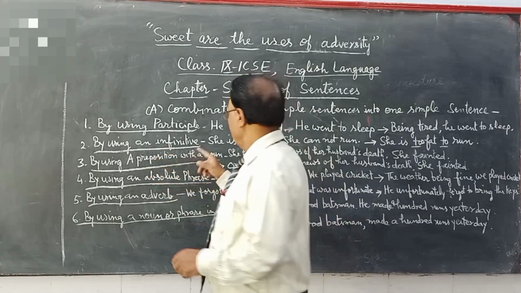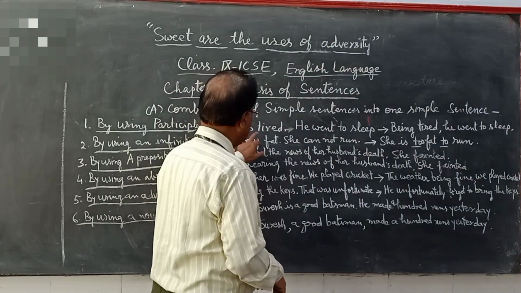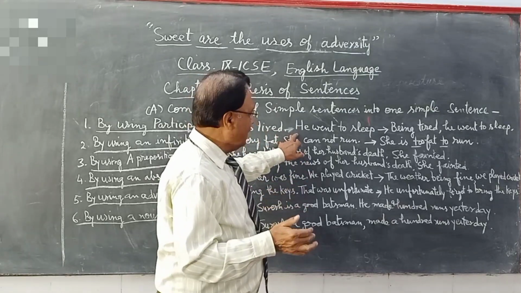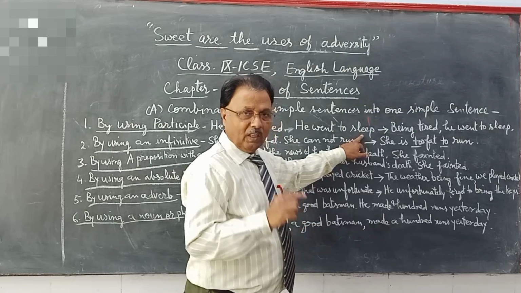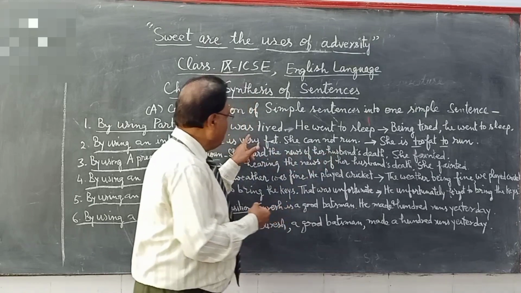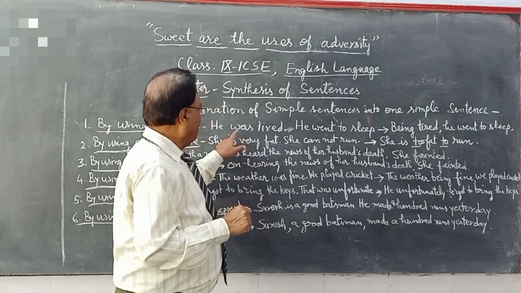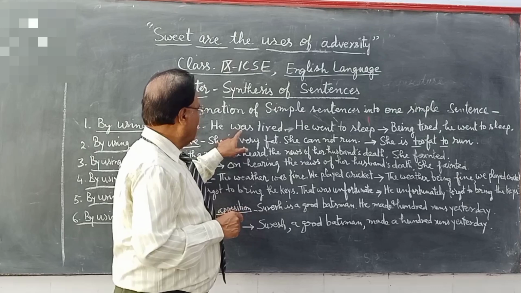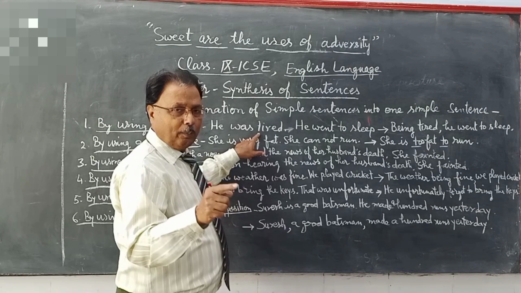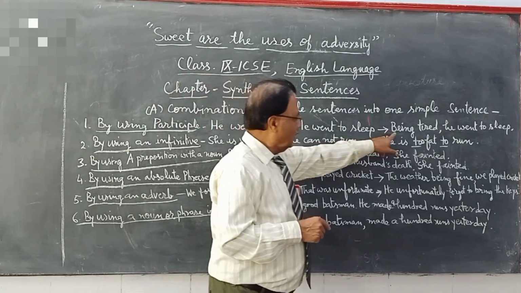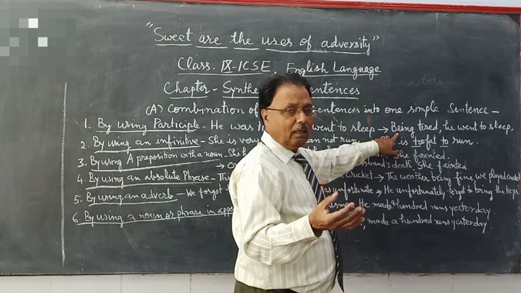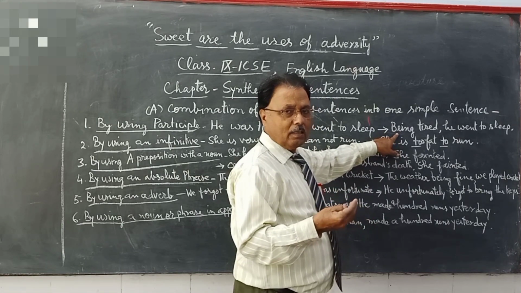Look at the blackboard. For example, he was tired. Second sentence, he went to sleep. I have to combine these two sentences by using participle. This is was. So this sentence should be changed into participle, starting with being, if there are is, am, are, was, were.